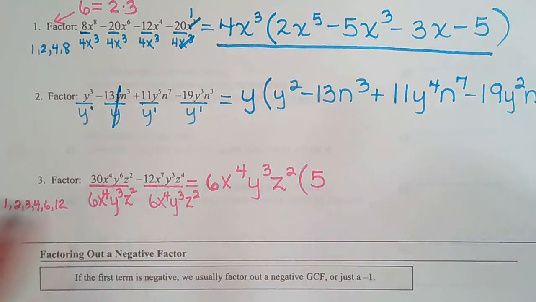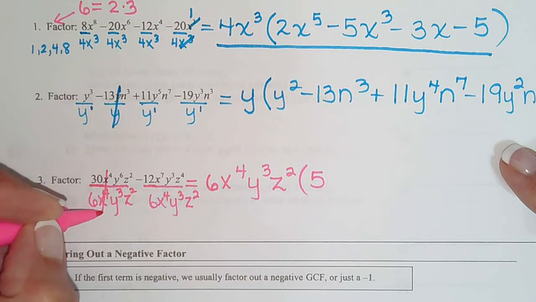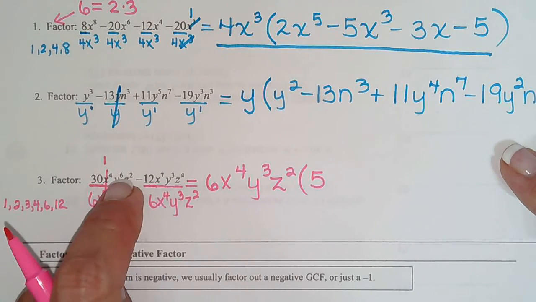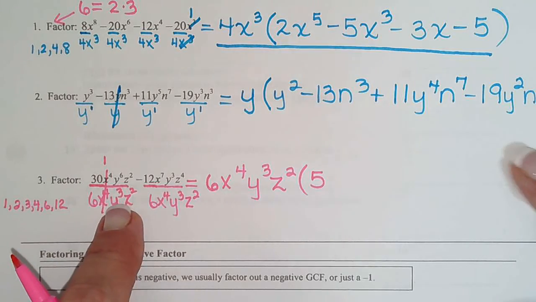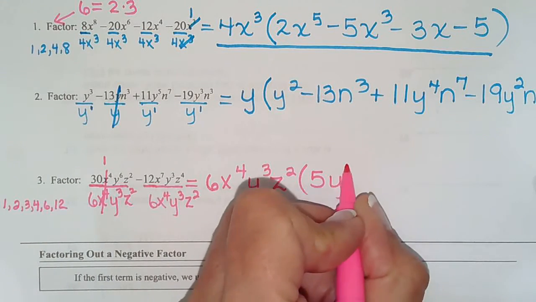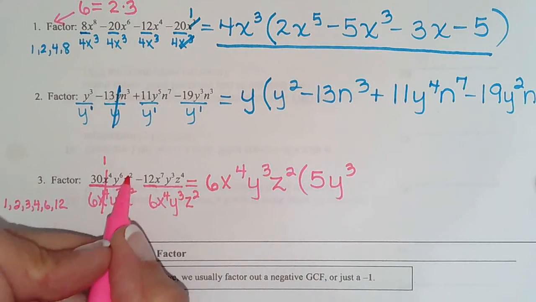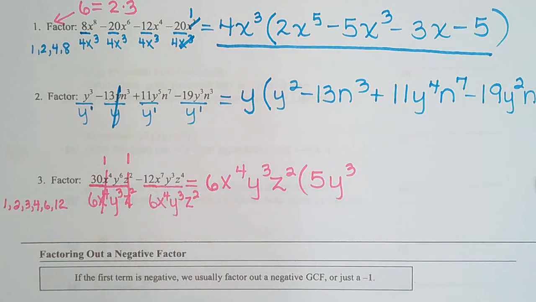X to the fourth divided by x to the fourth, anything divided by itself is 1. So 6 minus 3 is y cubed. And z squared divided by z squared is 1. So no x left in the problem, no z.